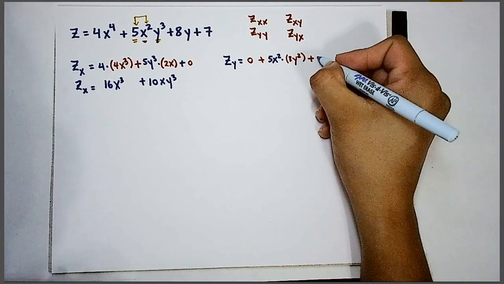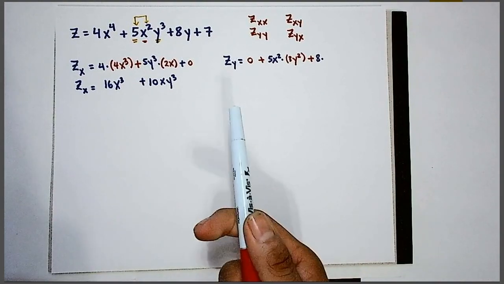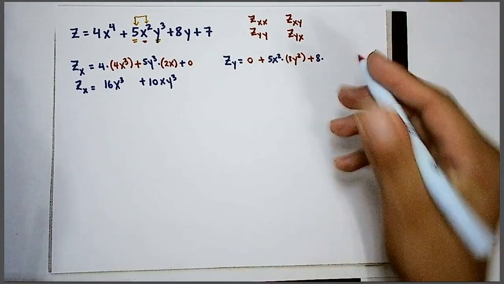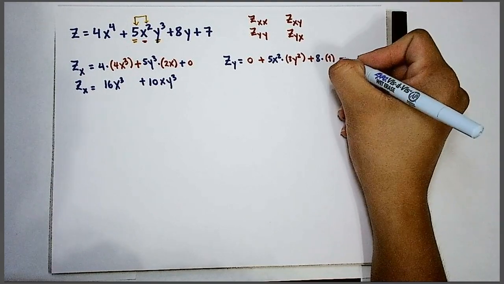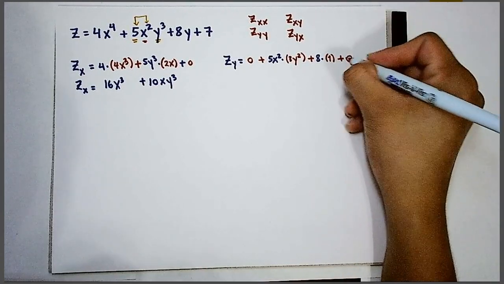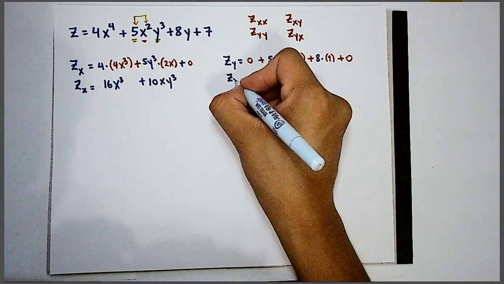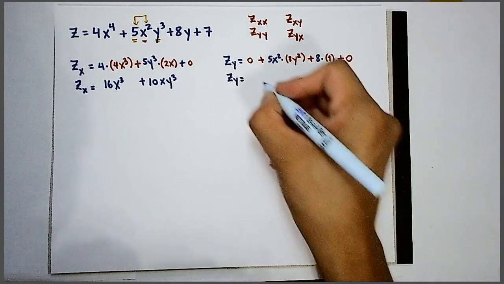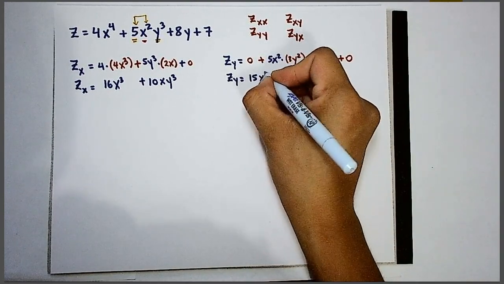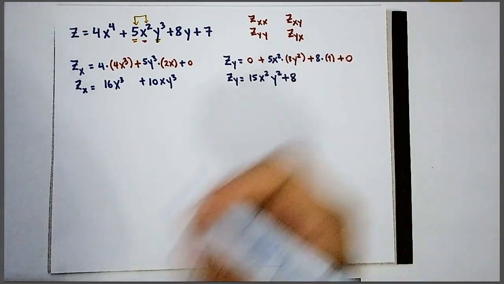In this case, the constant is 8, the variable part is y, and the derivative of y with respect to y is 1. Plus the derivative of 7, which is a constant, is simply 0. This means that zy is equal to 15x squared y squared plus 8.